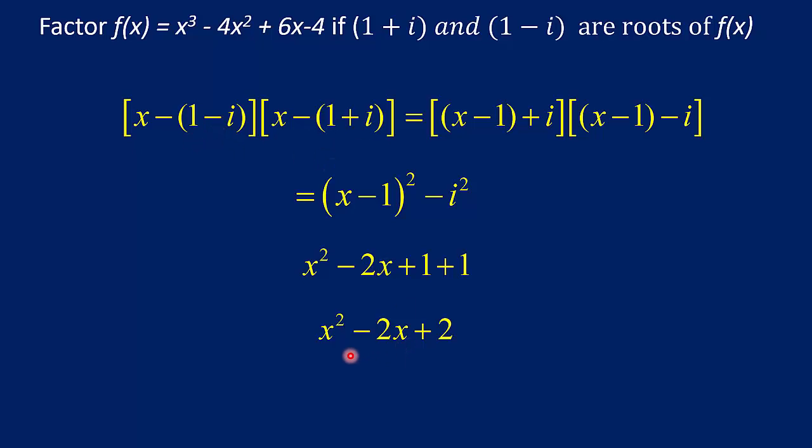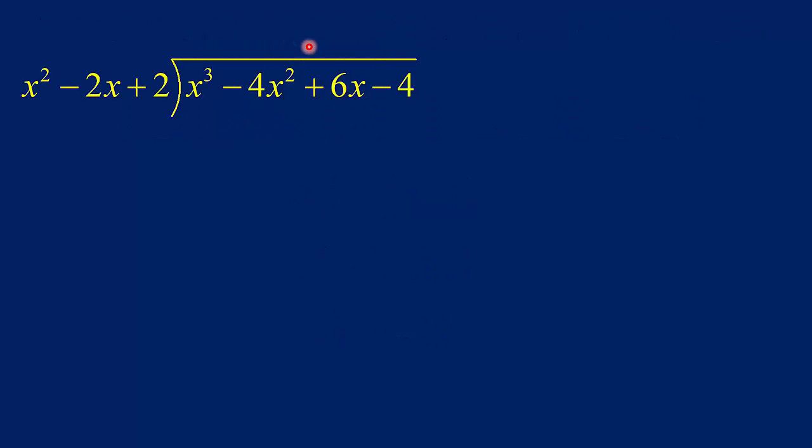Now, I know that this will divide evenly into the polynomial. So let's check that out. Here we go. We're going to divide. So I've got x cubed divided by x squared. That will go x times. Then I multiply. And I got x cubed minus 2x squared plus 2x.